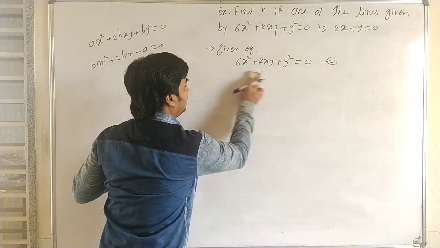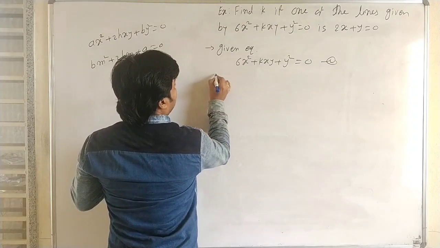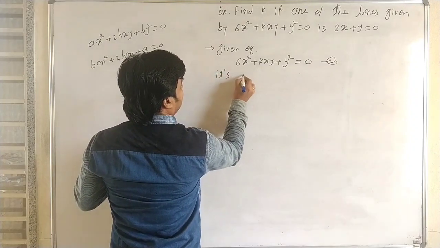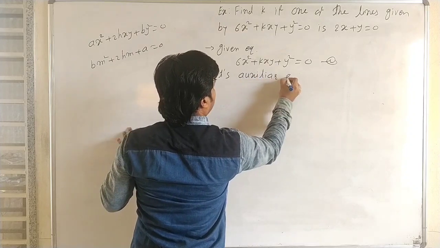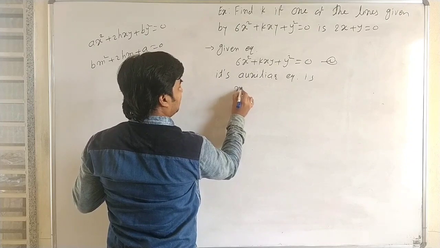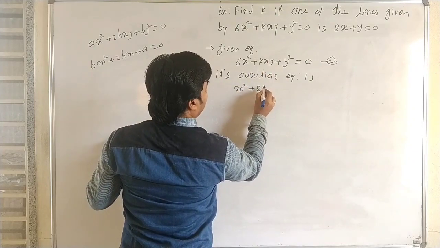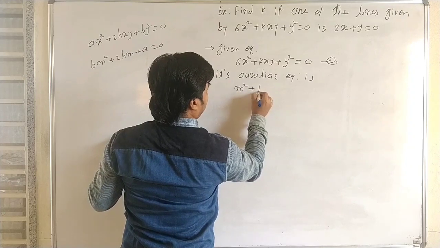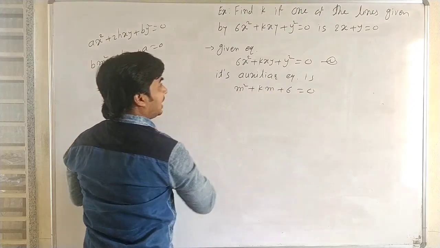We can directly write the auxiliary equation. Here its auxiliary equation is bm square, that is 1m square, plus 2h, that is k m, plus a, that is 6, is equal to 0.